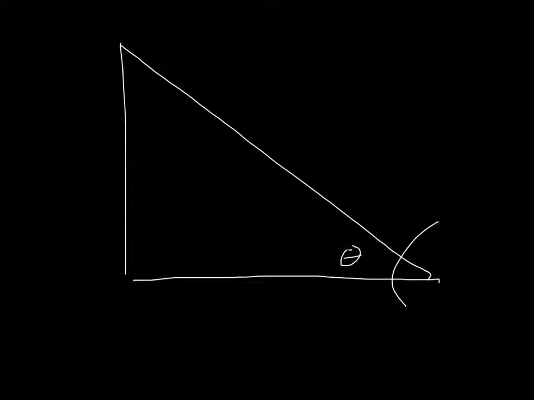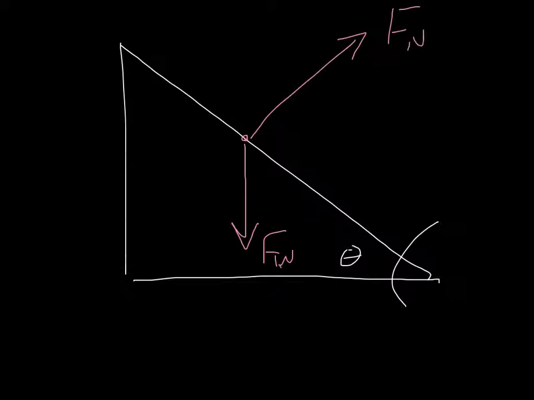Okay, so let's start with our force vectors again. We have our weight vector down, acting on the car, F_W, and the normal force. These are probably not to scale. We know that our normal force is perpendicular to the surface.